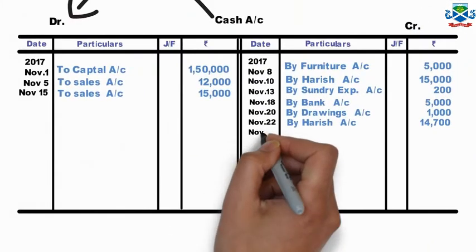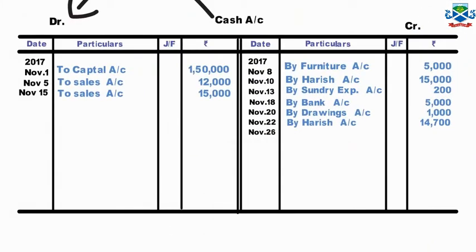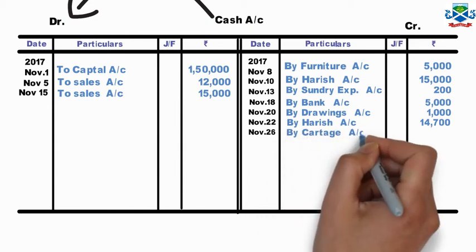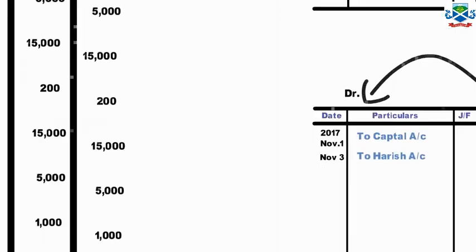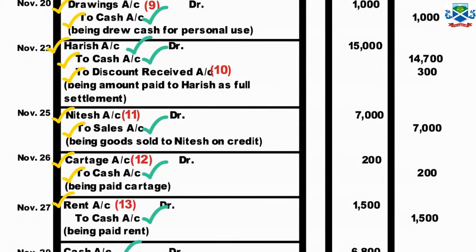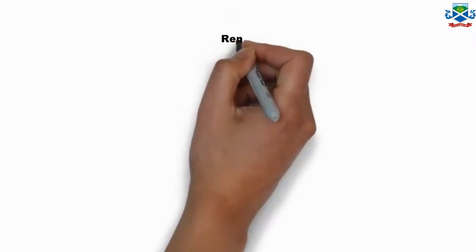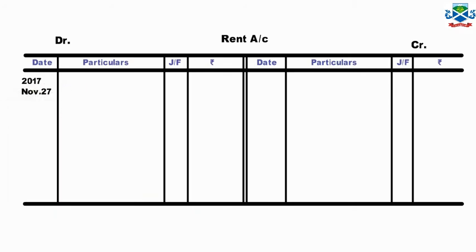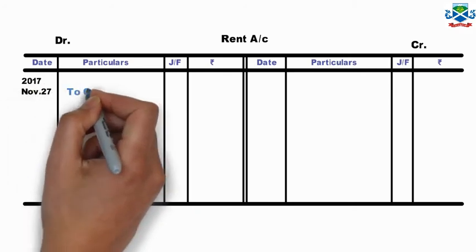We'll go to the cash account, put the date, and by Cartage, credited by cash 200. Next we have rent account debit to cash account 1,500. For rent we require a new ledger, and on the debit side, rent account debit to cash account 1,500.